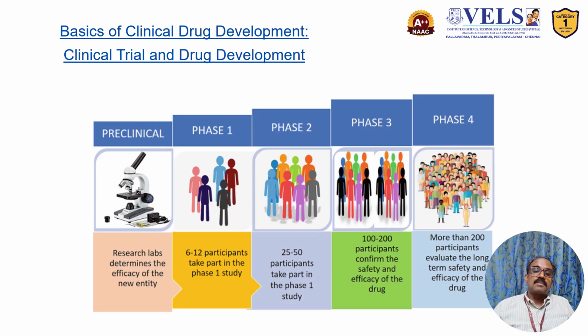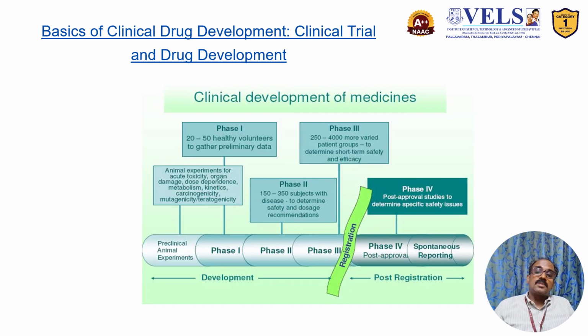That is the scenario we are following. So the basics of clinical drug development are preclinical, phase 1, phase 2, phase 3, as well as phase 4. Phase 4 is very important. The safety as well as efficacy of the drug molecule will be checked in a group of population.